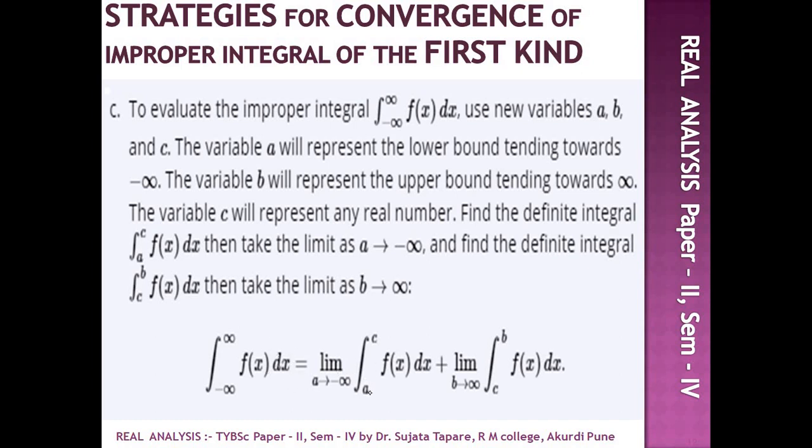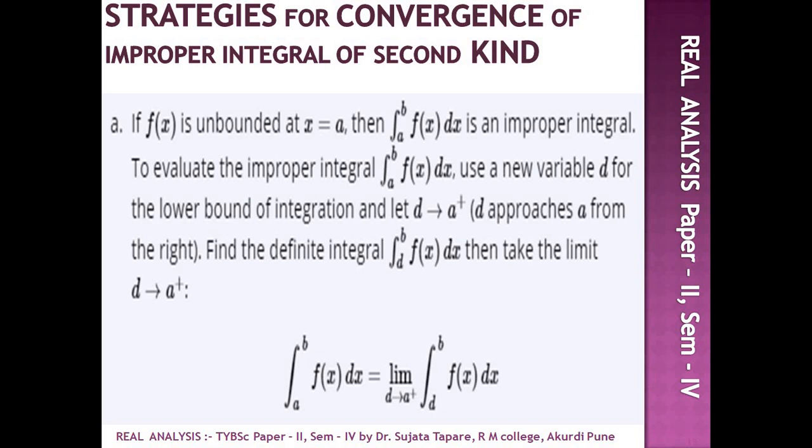And for the first one, now as lower limit is minus infinity, replace this minus infinity by a and take limit as a tends to minus infinity of integration a to c f of x dx plus, now upper limit is infinity, replace it by b, take limit as b tends to infinity of integration c to b f of x dx. If both limits exist and finite, then we say that this given integral is convergent.